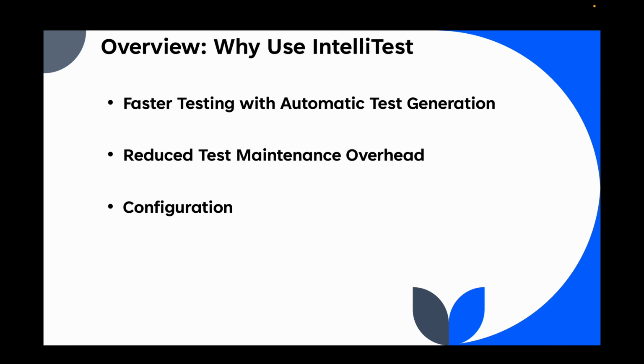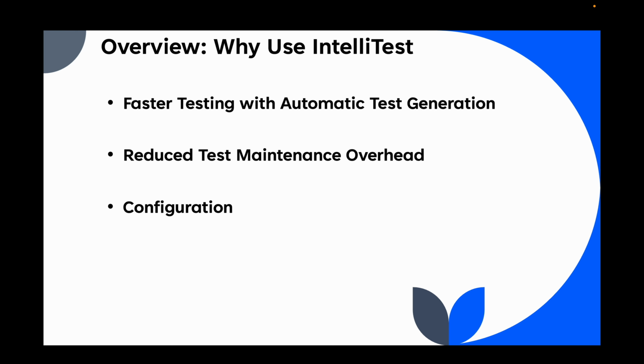So to quickly recap the features we just talked about, IntelliTest automatically generates unit tests for our methods, which saves us a ton of time. It uses parameterized tests to keep the generated code compact and manageable. It explores different branches and edge cases, hitting a lot of scenarios we probably missed.